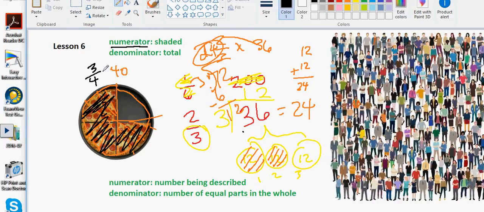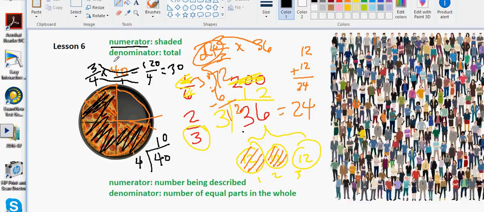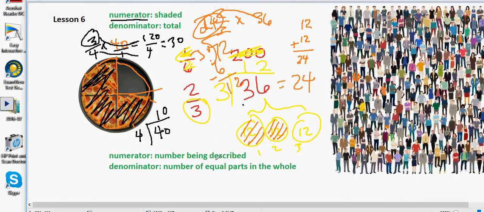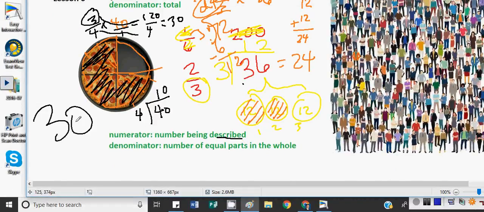Or you could just go straight to 3/4 times 40 is 120 over 4, because we multiply through the top, and 40 is really over 1. And that's going to come out to 30 pieces. We could have done that the other way. 40 divided by 4, right? So there's 10 in each group, and then we multiply by how many are being described. 3 times 10 is 30. However you like that better.